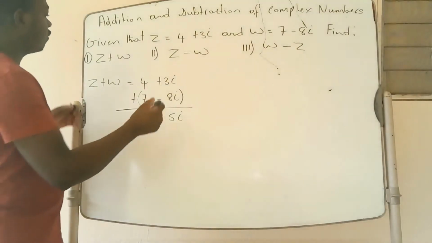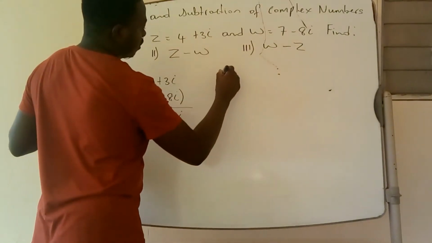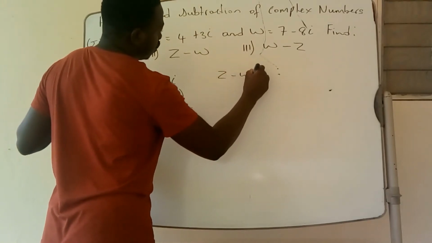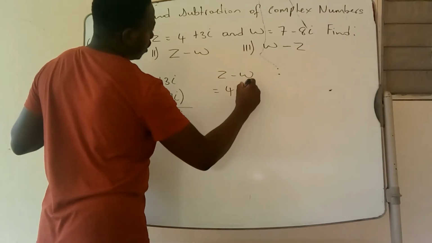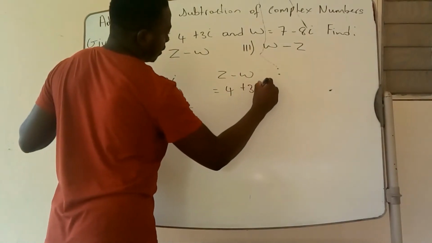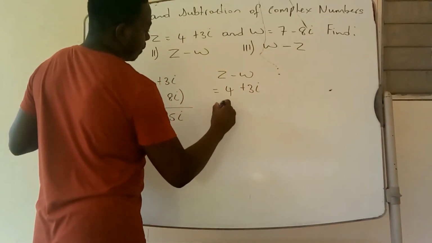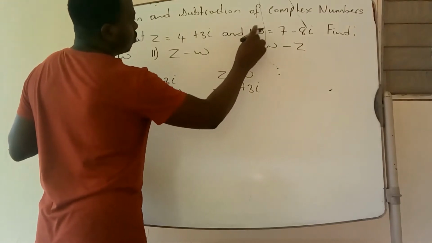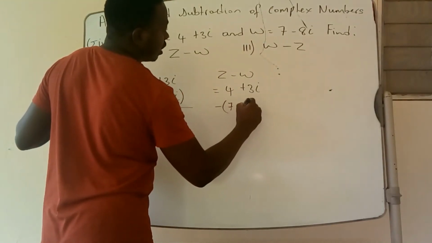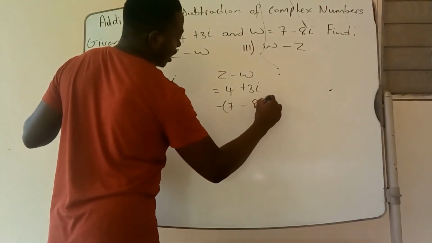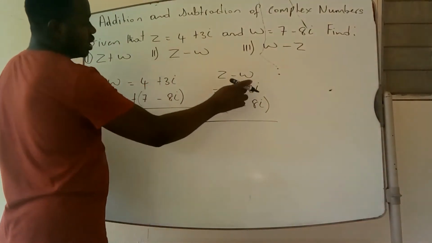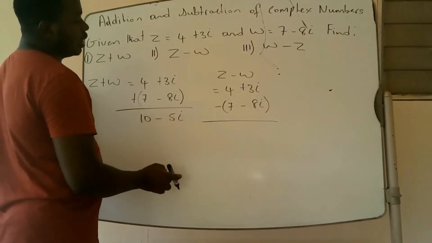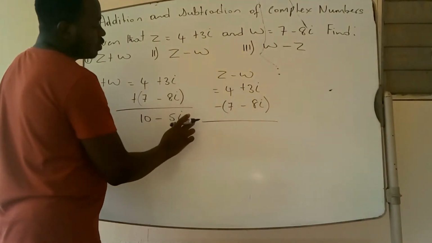Straightforward, right? For the second one, we have z minus w. That is going to equal 4 plus 3i, right? Minus w, and w is defined as 7 minus 8i. And again, you're just going to subtract the imaginary part from the imaginary part and the real part from the real part.